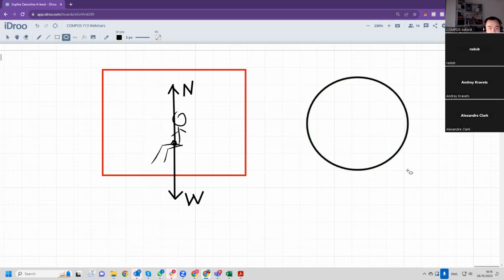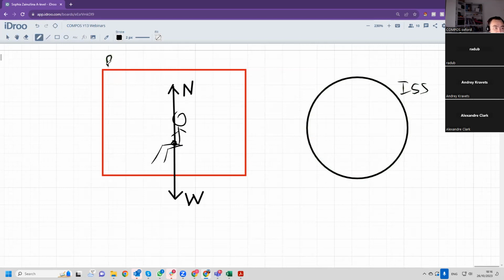Now, if you're in a spaceship, in the ISS, this is your room. What's different? You have pretty much the same weight, but there's no normal reaction, because you're not pushing against anything.